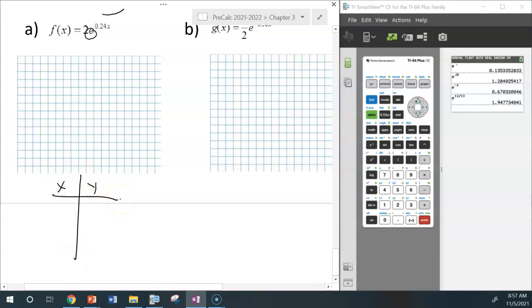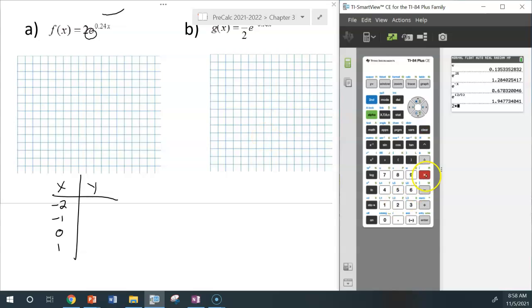So I'm going to go to my calculator, and I'm going to get some points. Let's do -2, -1, 0, and 1, just like we did before. Wait a minute, let me back up.